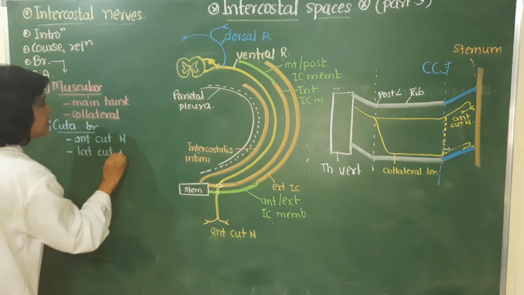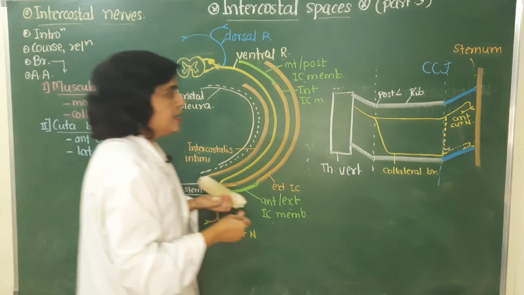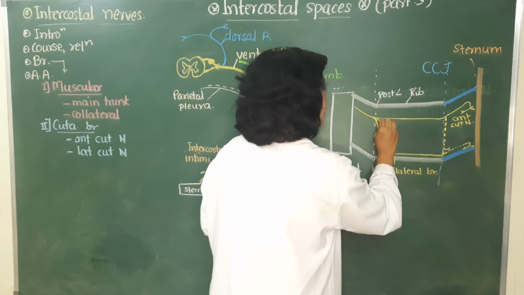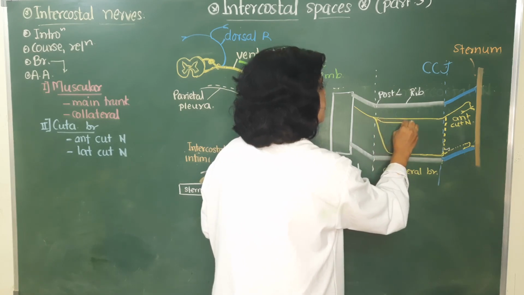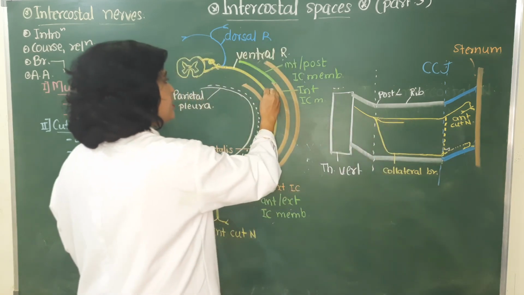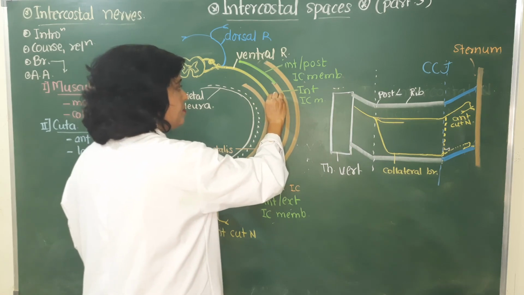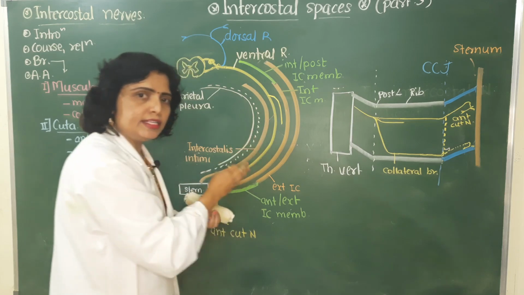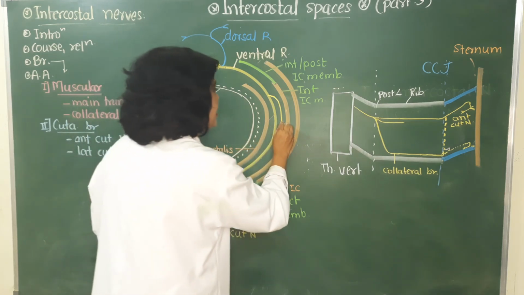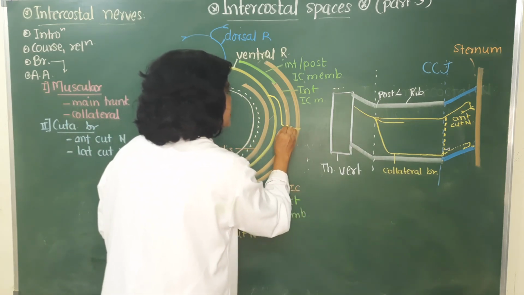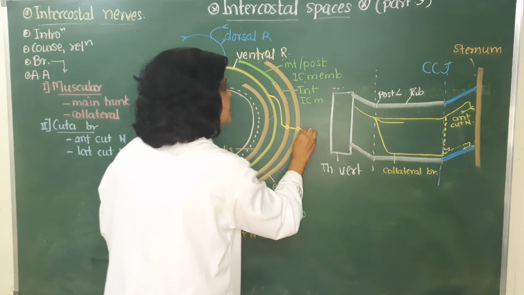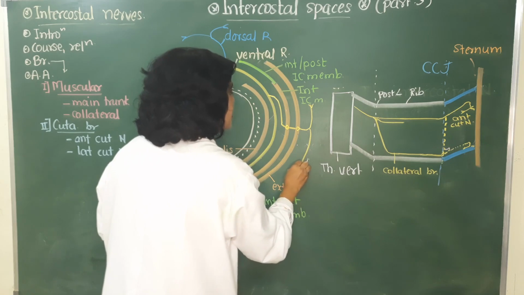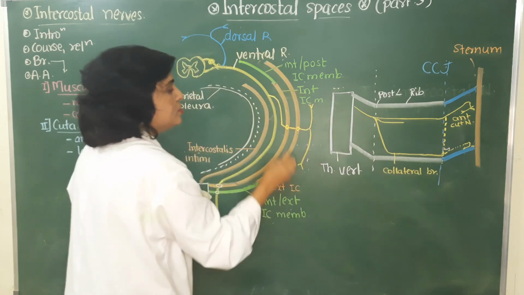This lateral cutaneous nerve also arises at the level of the posterior angle, and the nerve runs along with the main trunk. If I draw here, it arises from the intercostal nerve, runs along with the main trunk, and when it reaches the mid-axillary line, it pierces the internal intercostal and external intercostal muscle and then becomes cutaneous by piercing the other muscles and divides into anterior and posterior branches.